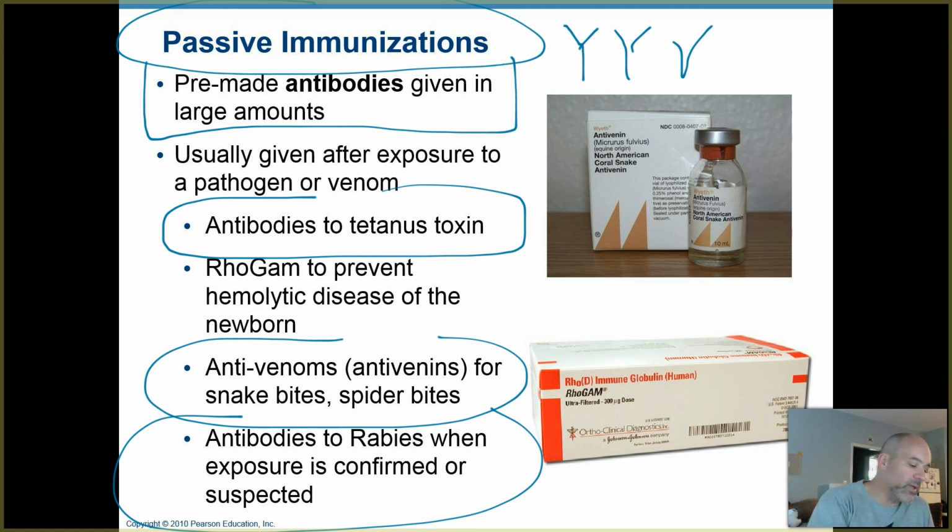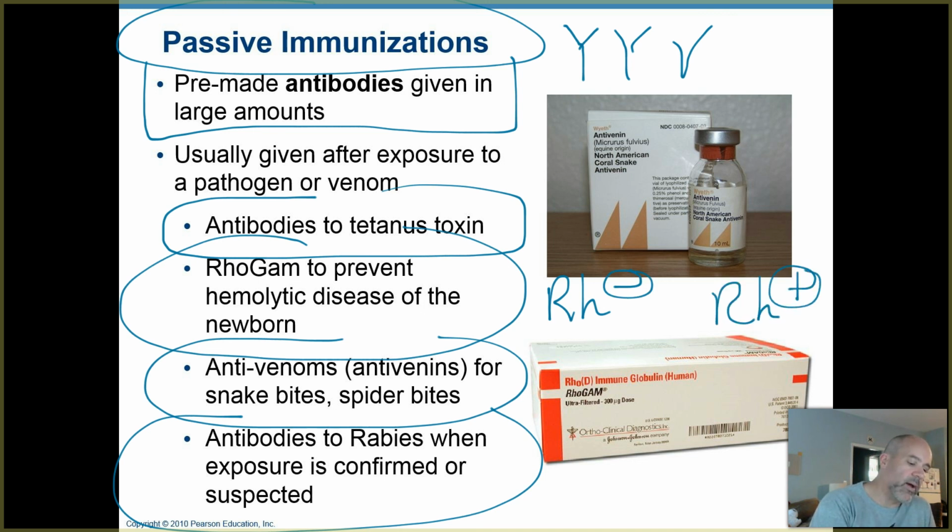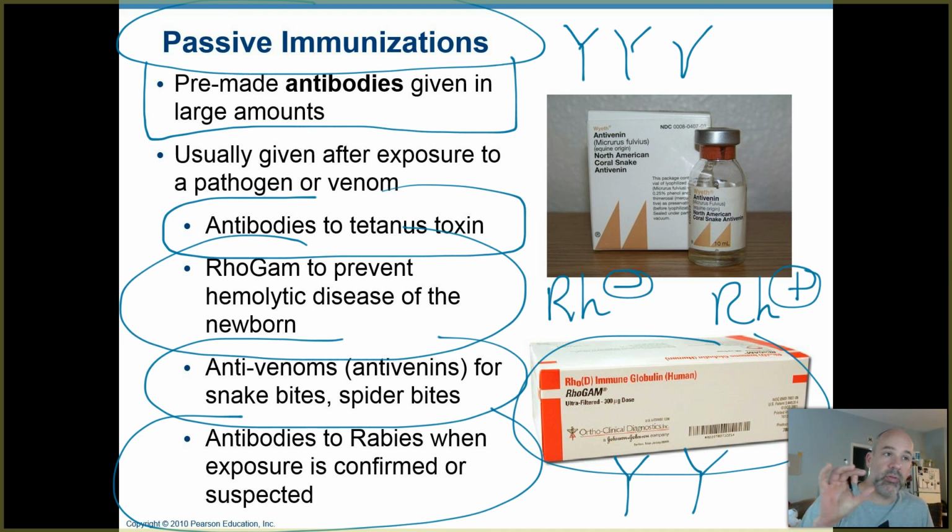Or when we talked about hemolytic disease of the newborn, remember if you have an Rh negative mama and she's carrying an Rh positive fetus the first time she's pregnant, they'll give the mother RhoGAM, and what they're doing is they're injecting her with pre-made antibodies that will, if during childbirth or earlier some of the fetus's Rh positive cells get into her blood or body fluids, attach to them and clear those cells out of her body.